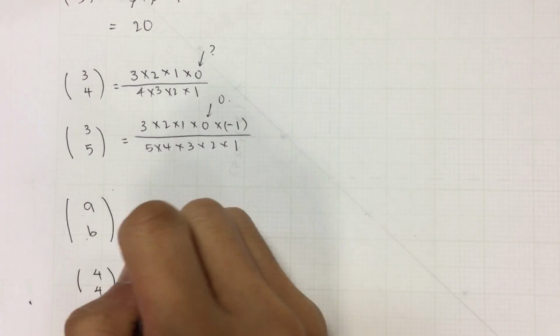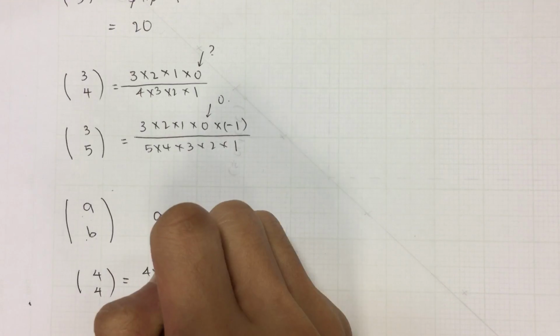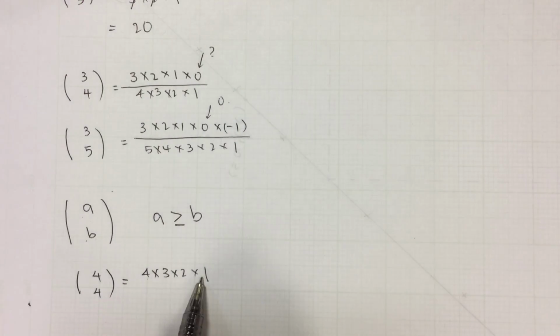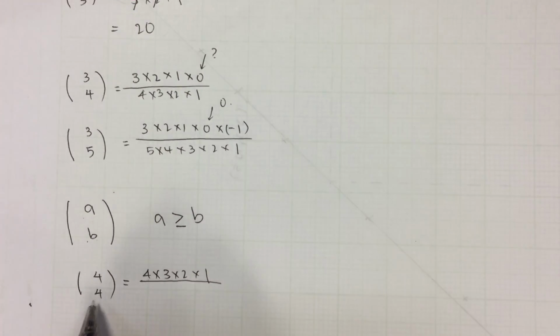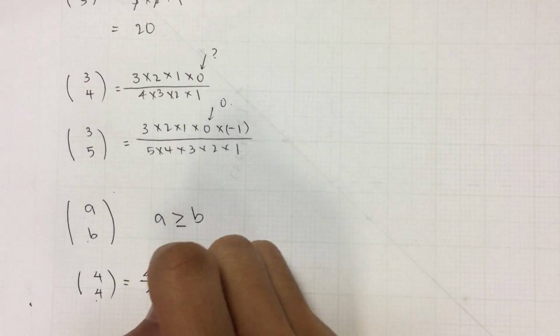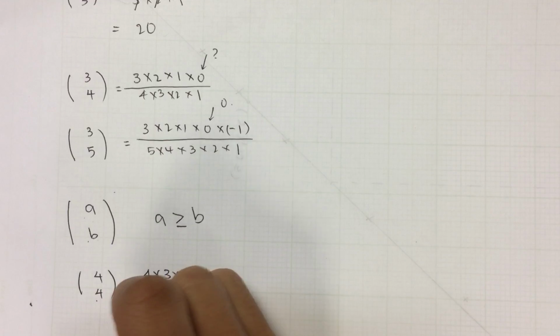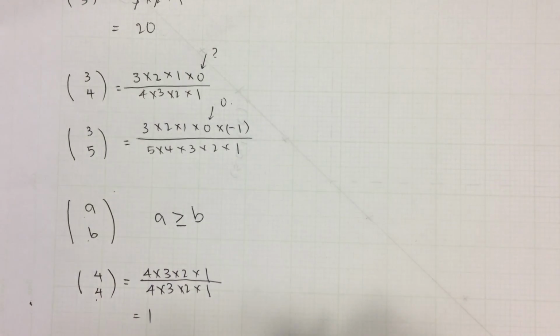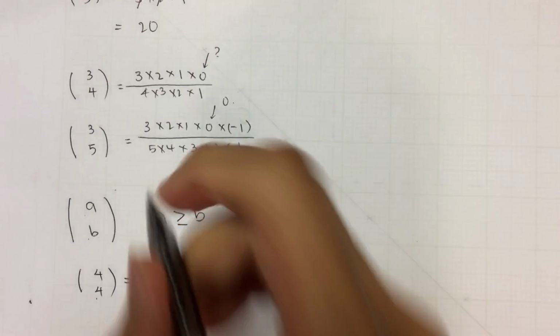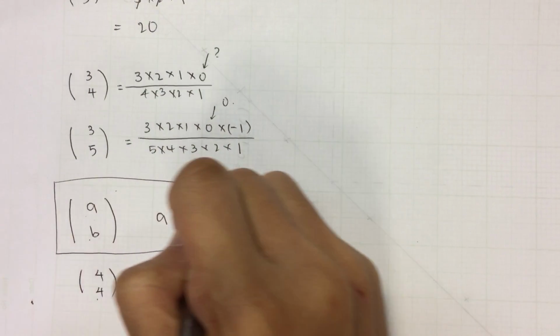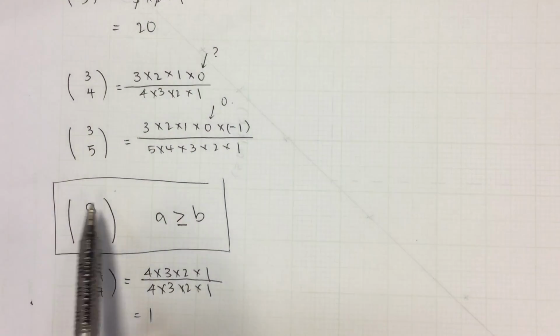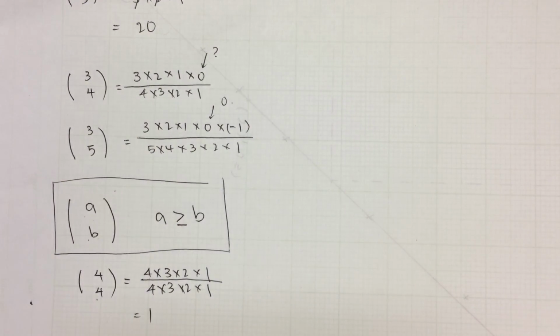What this means is 4 items on top, 4 times 3 times 2 times 1, divided by 4 times 3 times 2 times 1. Everything will cancel out to give me exactly 1. So this is something new: if I have a notation like that, I know that A must be greater or equal to B.